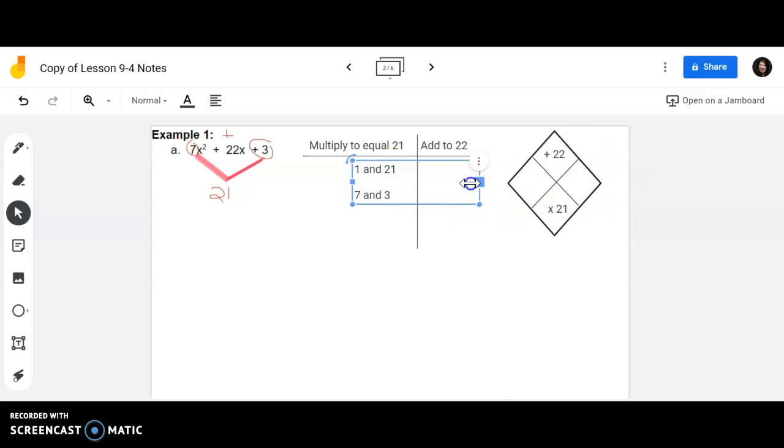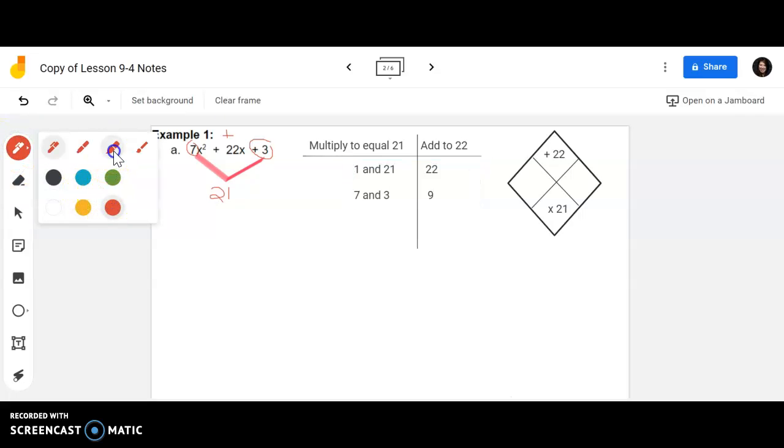So 1 plus 21 is going to equal 22, and 7 plus 3 is 9. So which two factors are going to work for us? It's going to be the 1 and the 21, because those two numbers multiply to equal 21, and they add to be 22. So we're going to use 1 and 21.